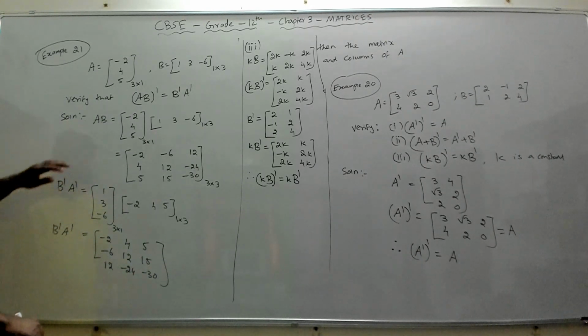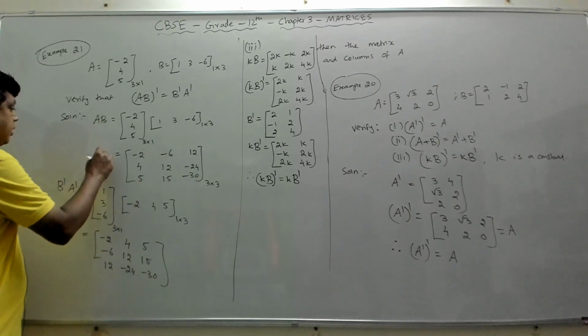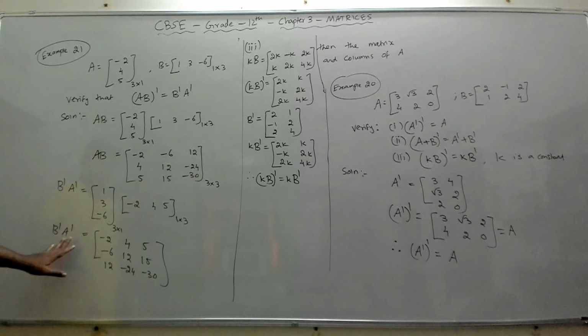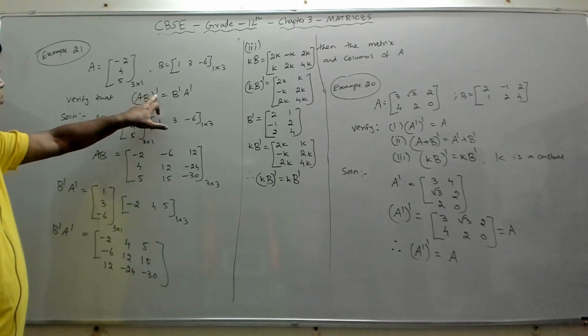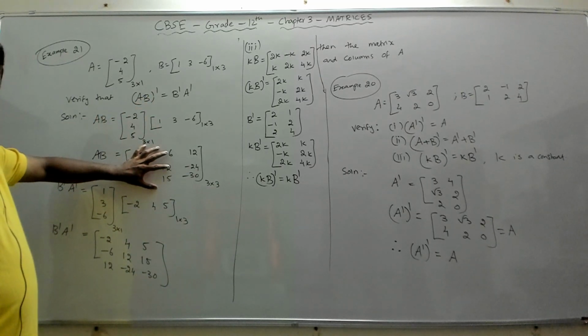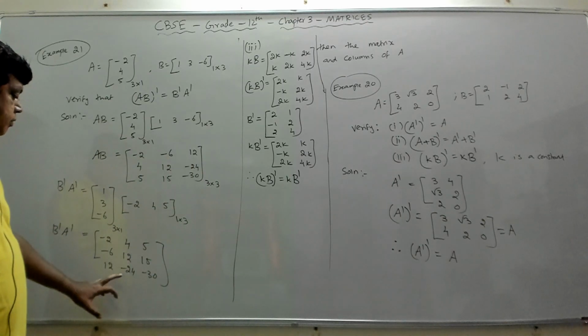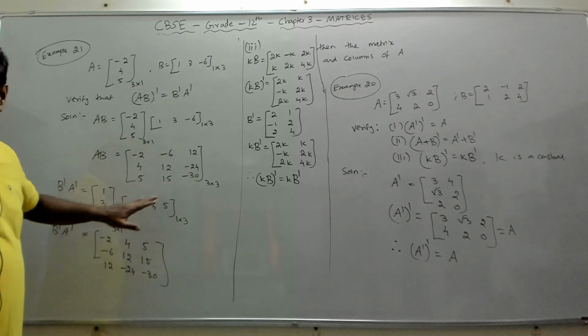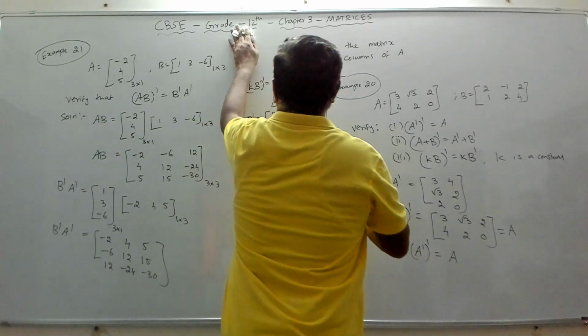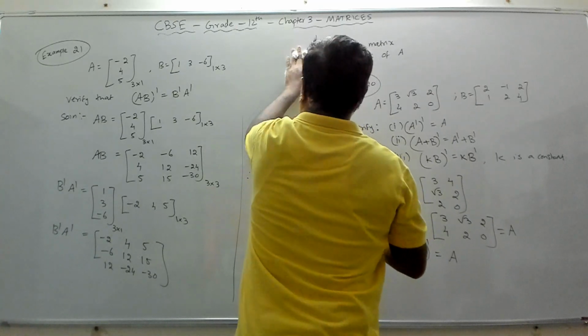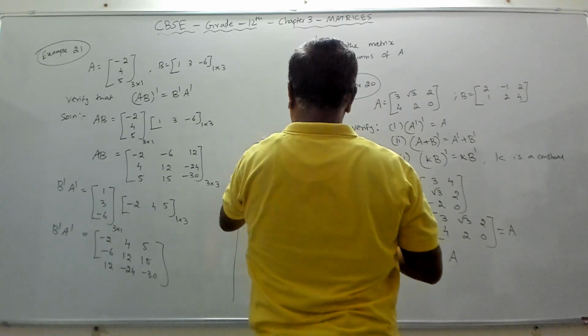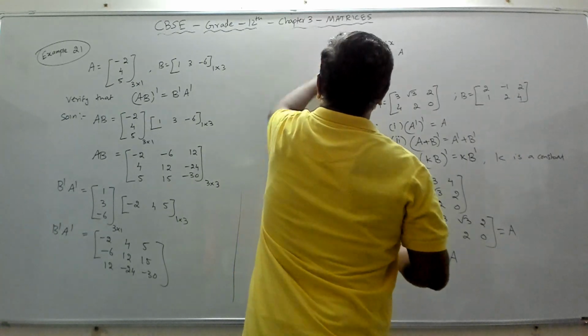So what we have got is we have found AB. This is AB. Right? And we have got B transpose A transpose. But we have to prove AB transpose. So we have to take the transpose of this. The transpose of this should be matching with this matrix. Let's take the transpose of this. So what is AB the whole transpose?